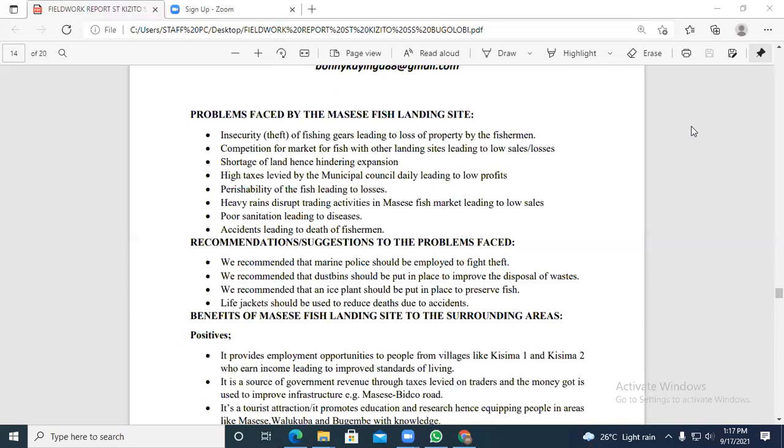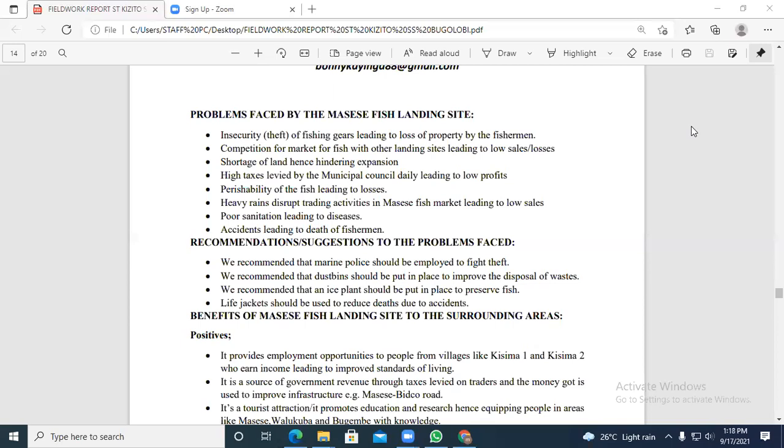You mean that you went to Masese in O level? Yes. Okay. Masese is in which village? In Walukuba East. Which district? Jinja. Okay, what is the historical background of Masese fish landing site?